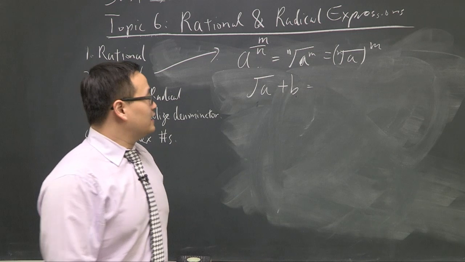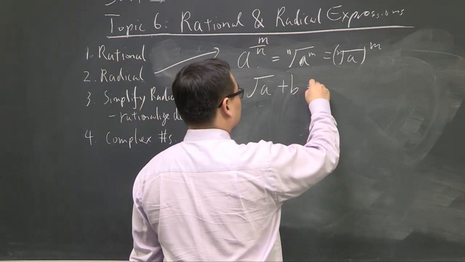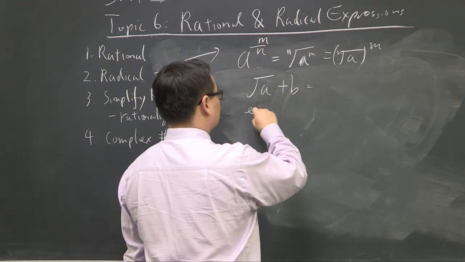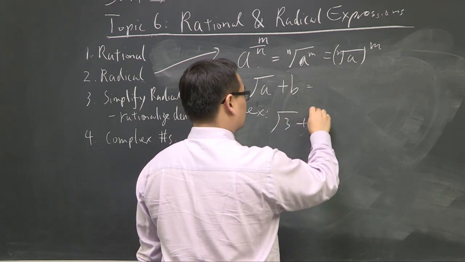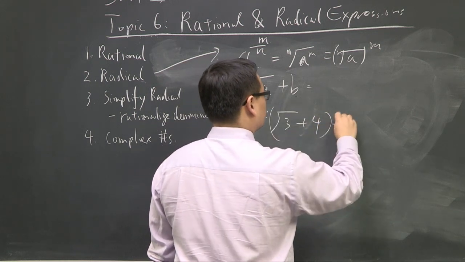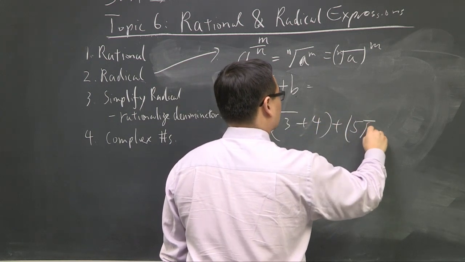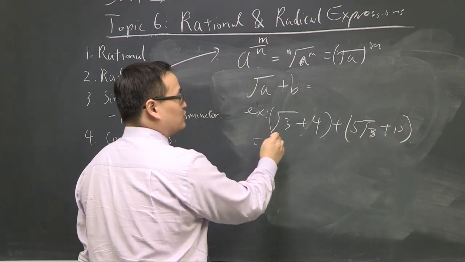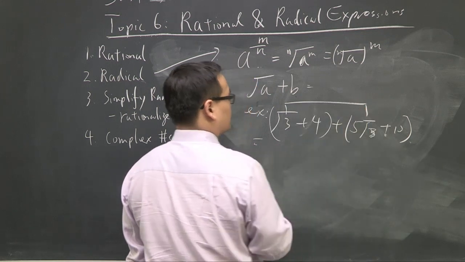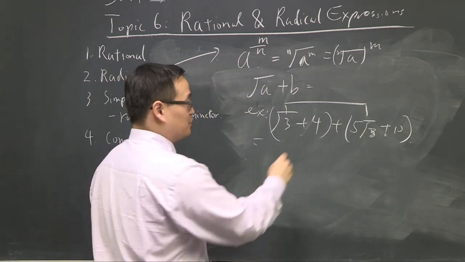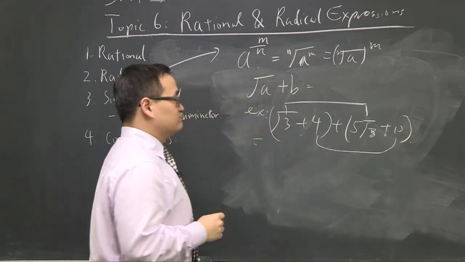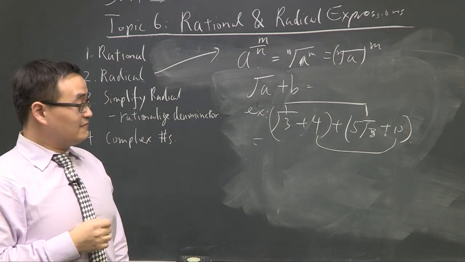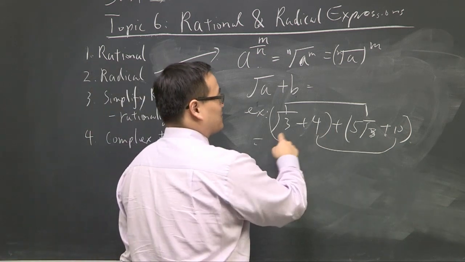But if I want to add, if I have, let's say, radical 3 plus 4 plus 5 radical 3 plus 10, can I work this out? Yes, you can do the radical ones, and then you can add what? The rational ones. Right? So I will get, again, keep in mind, they have to be the same base.